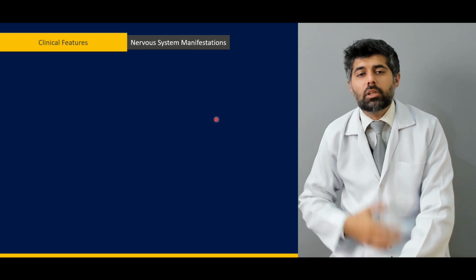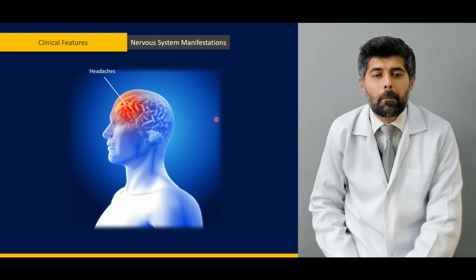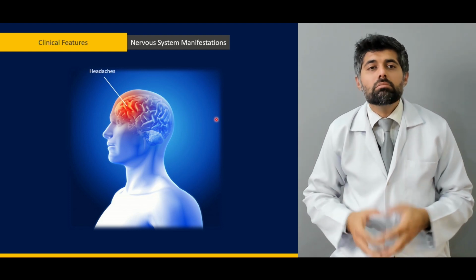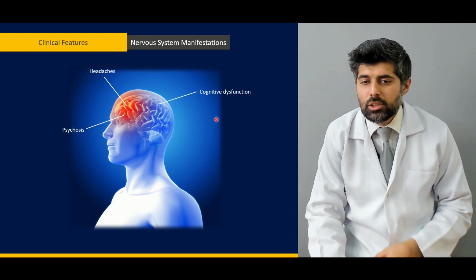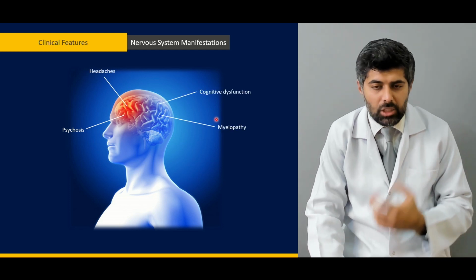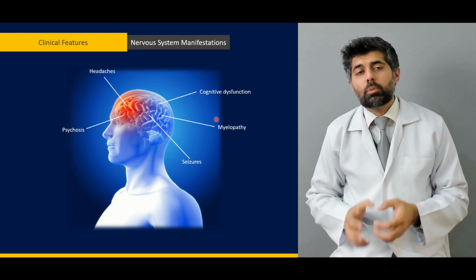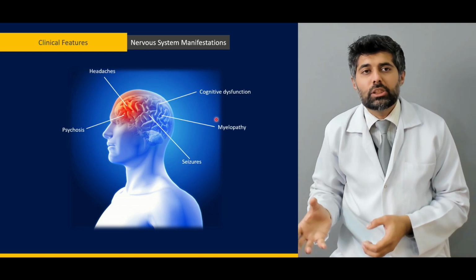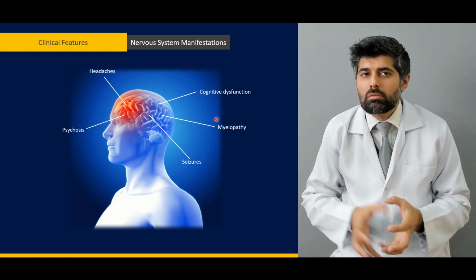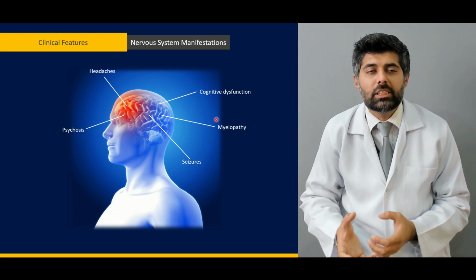Next, we'll discuss the nervous system manifestations of SLE. The first one is headache, along with psychosis, cognitive dysfunction, myelopathy, and even seizures. But the problem is that these nervous system manifestations are so common that they can be part of another disease.